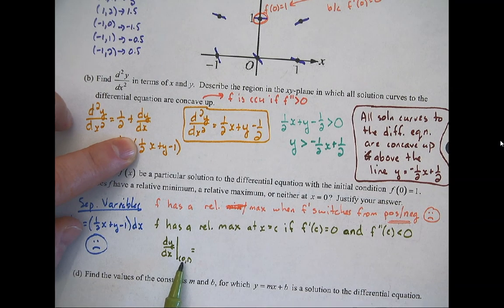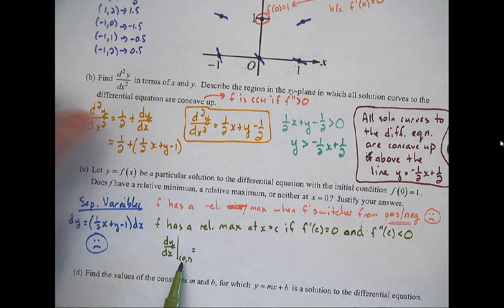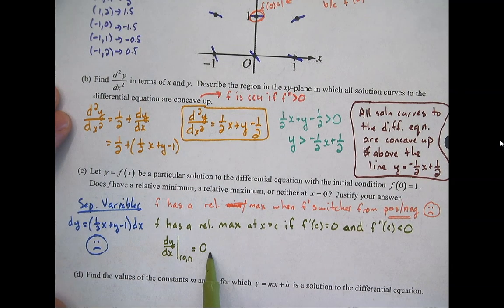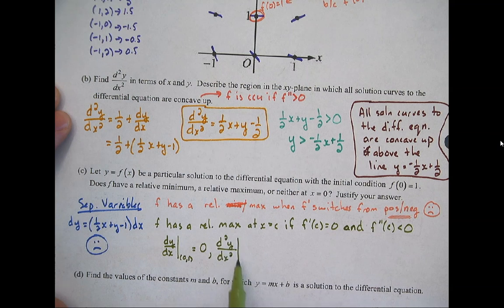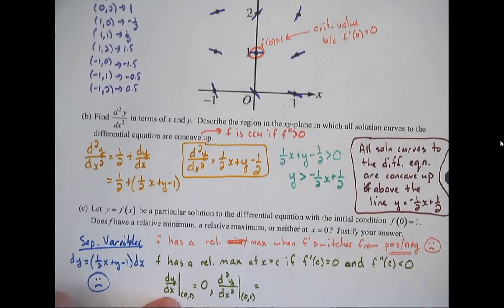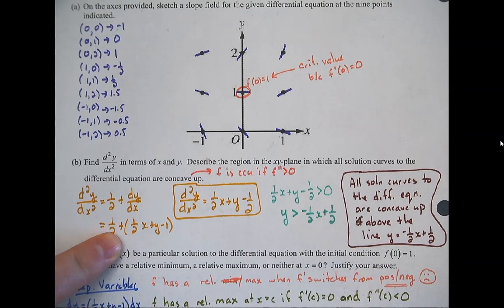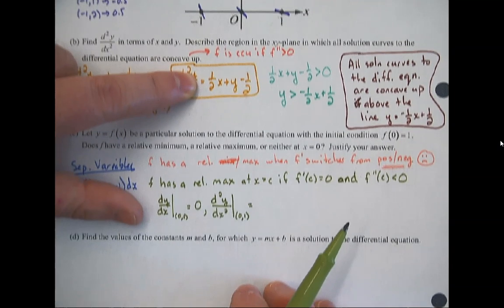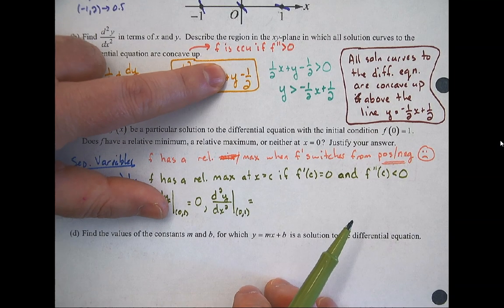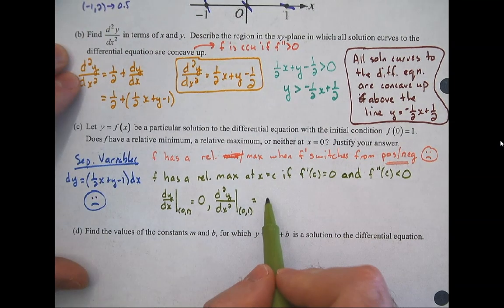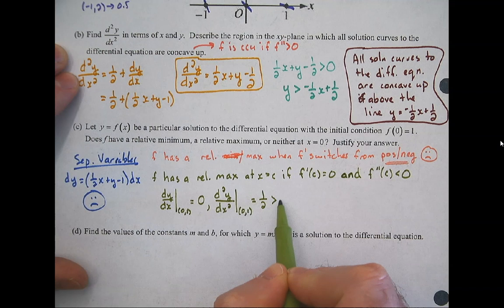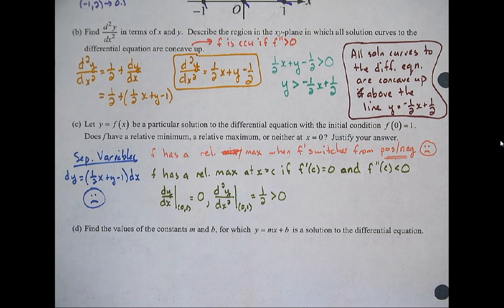Put (0, 1) in there. 0 gone, 1 minus 1, that's 0. Comma, what's the second derivative evaluated at (0, 1)? But we just figured that out here. There's our second derivative. Let's put (0, 1) in there. That's gone. 1 minus 1/2 is 1/2, which is greater than 0.